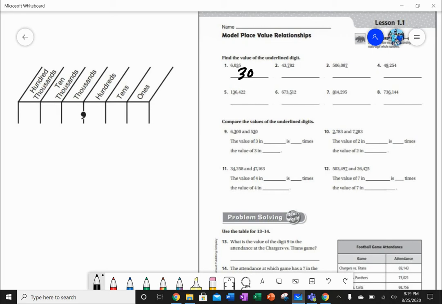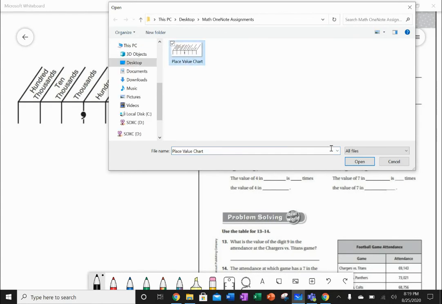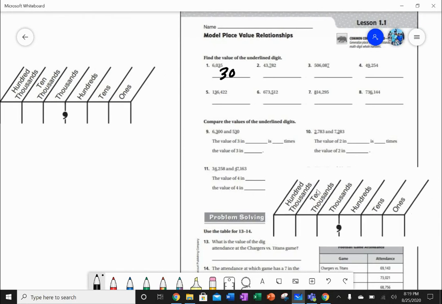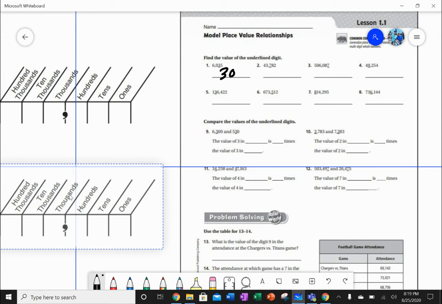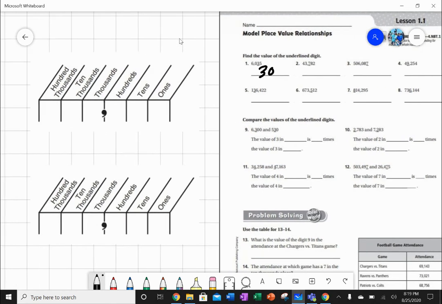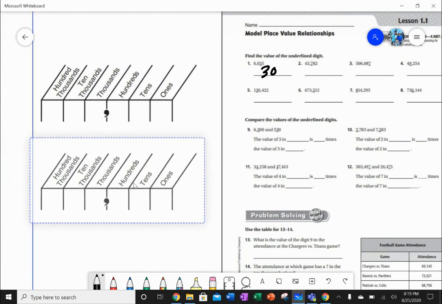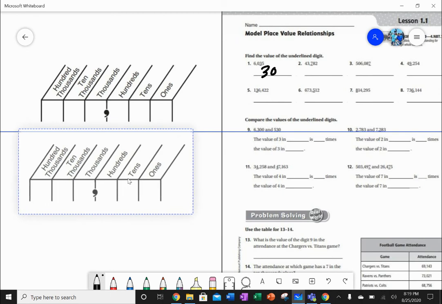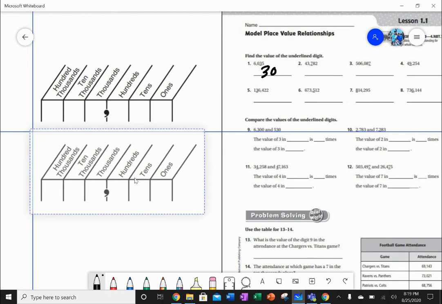It says the value of 3 in blank is blank times the value of 3 in blank. So let's insert 2 place value charts so we can compare both numbers. So I'm going to write down those 2 numbers in these place value charts. So I'll start, let me align them. Okay, it seems that they're aligned.